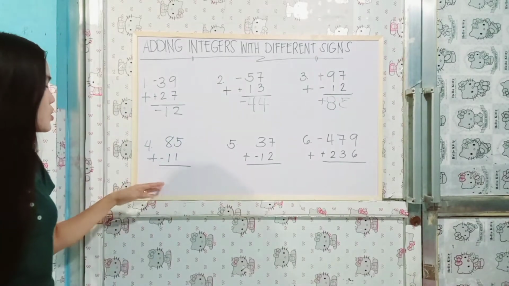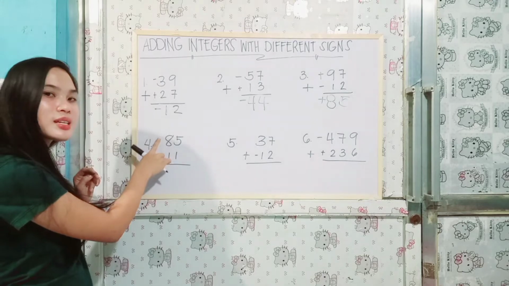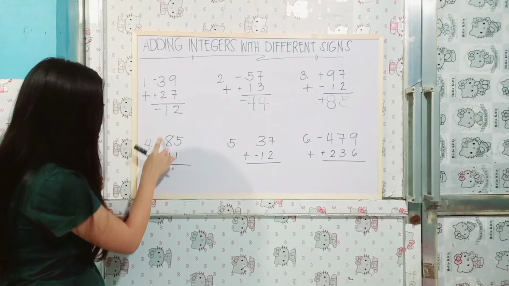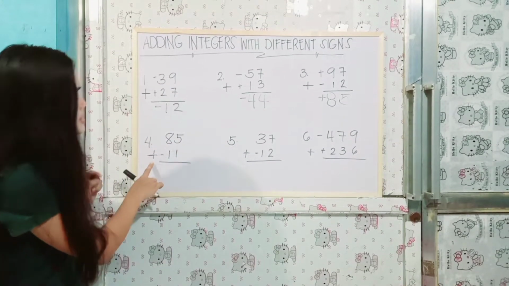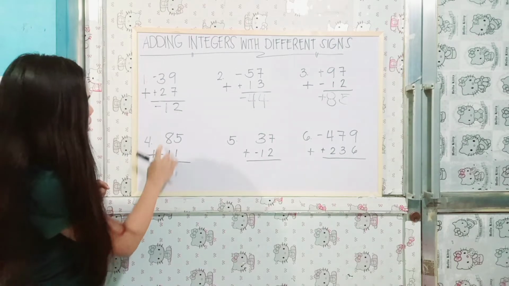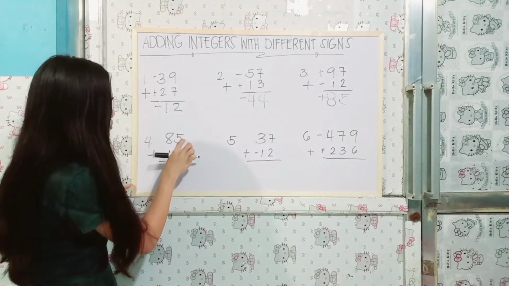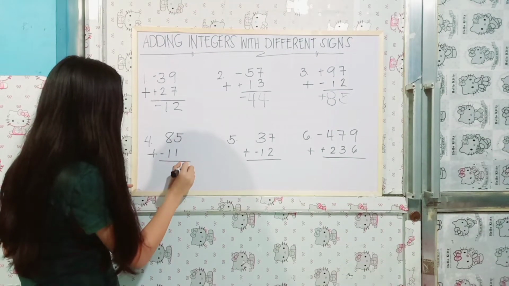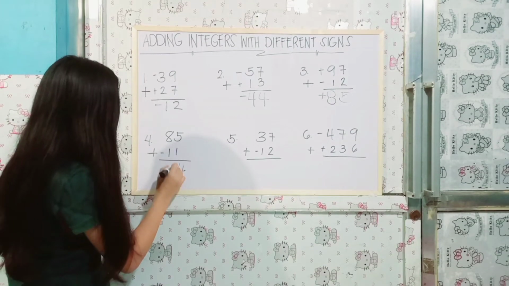Okay? Next, we have another example. Okay, it is understood that this is positive 85, even if there is no plus sign there. So positive 85 plus negative 11. So they have different signs, so we will proceed to subtraction. 5 minus 1 is 4. And then 8 minus 1 is 7.